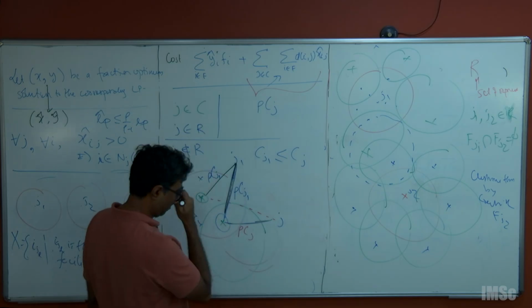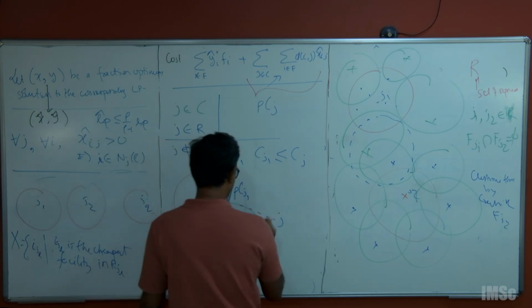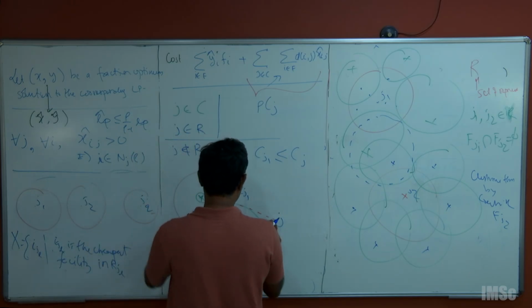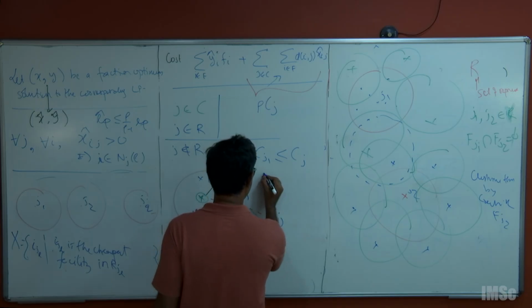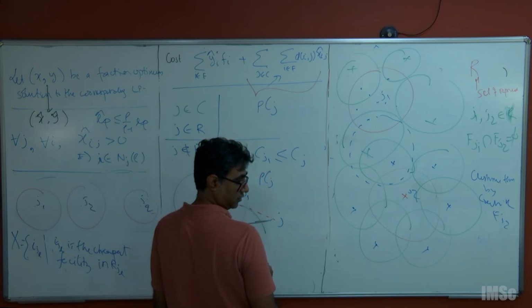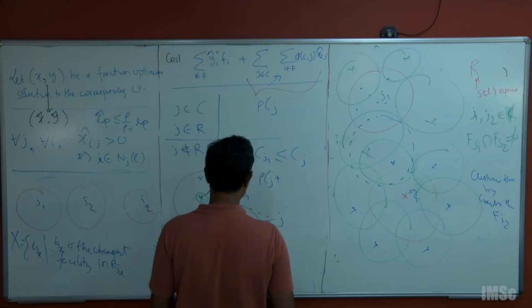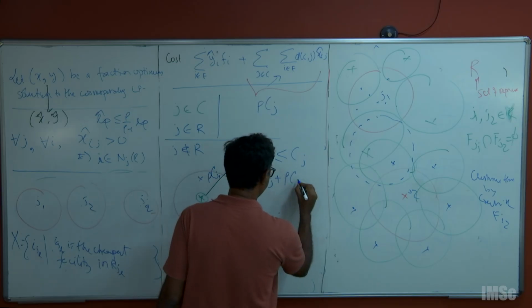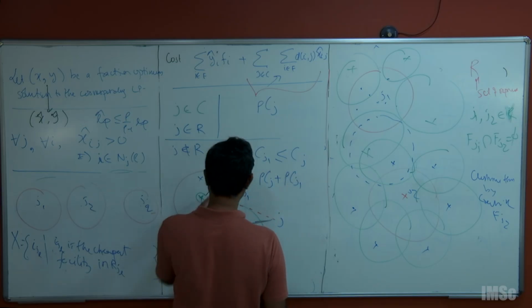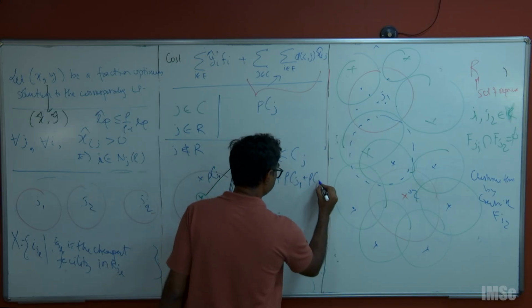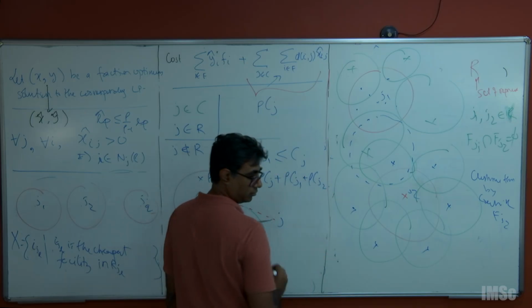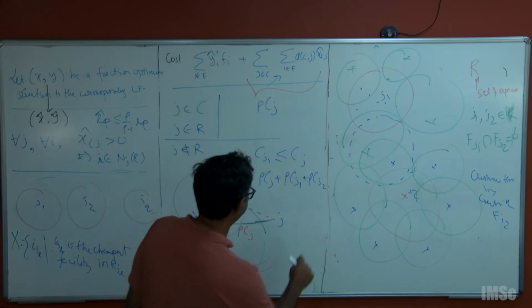So how much distance did I pay? Let's look at this. This distance is at most rho Cj plus rho Cj1 plus rho Cj1.